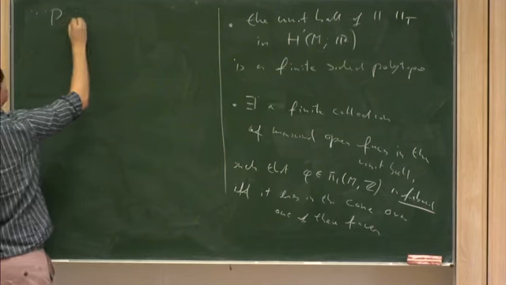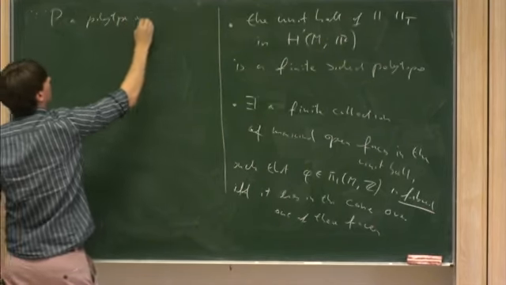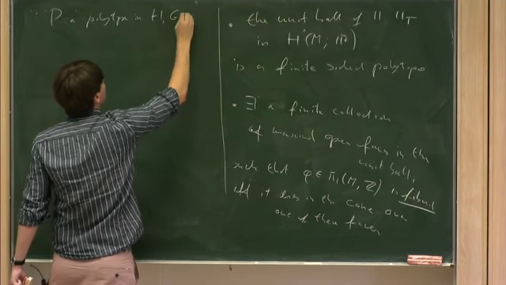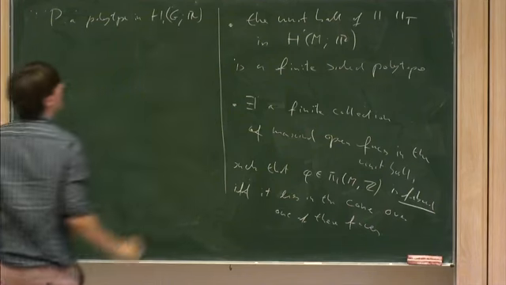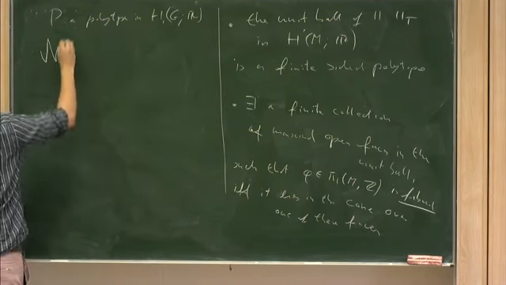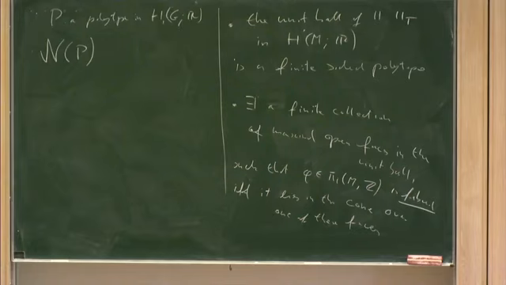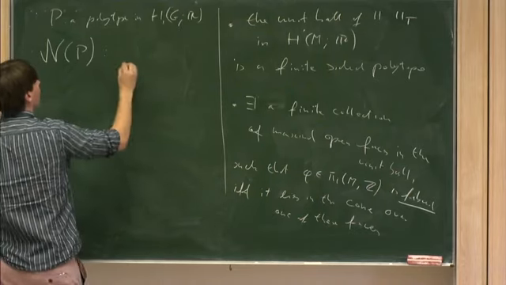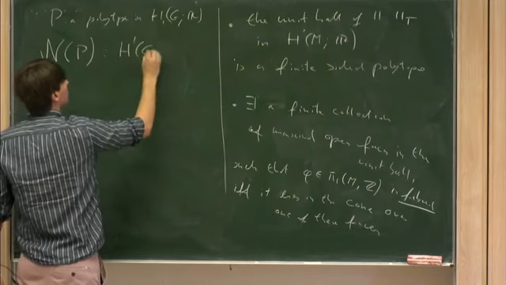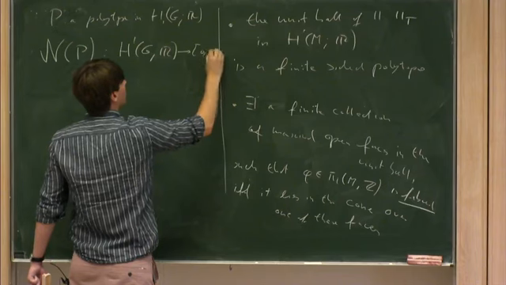So P is a polytope in H1(G; R). And now I'm going to define a map N_P. N_P is a map from the first cohomology to [0, infinity).